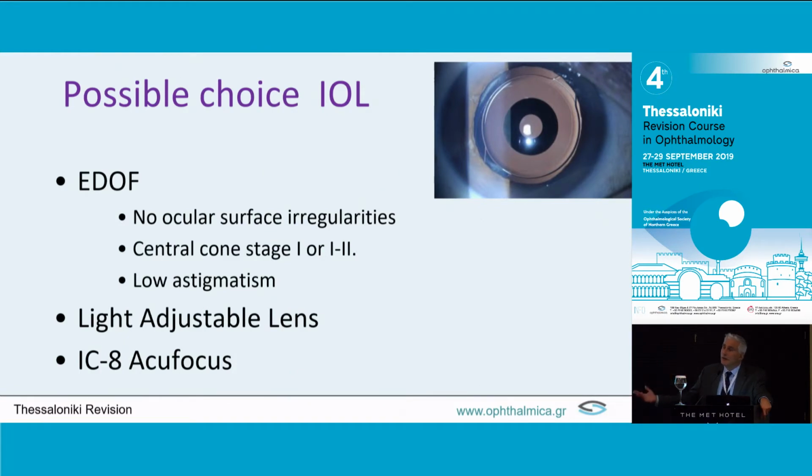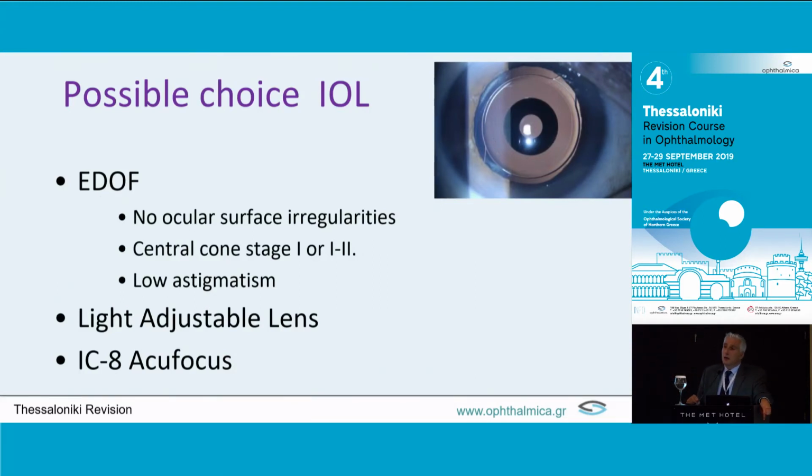I have seen one case that I did, in a very young patient, with an EDOF lens, and recently in the Journal of Cataract and Refractive Surgery, one of the famous cataract surgeons, Samuel Masket, also reported another case of EDOF. Use it with extra care. Do not start with this, but certainly in some cases you may consider it.